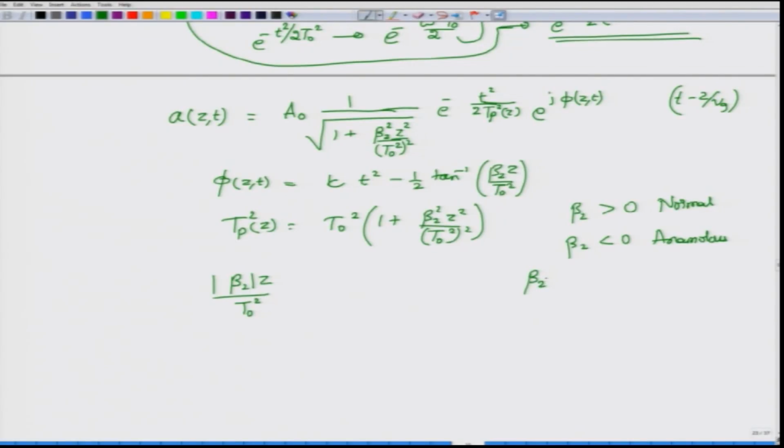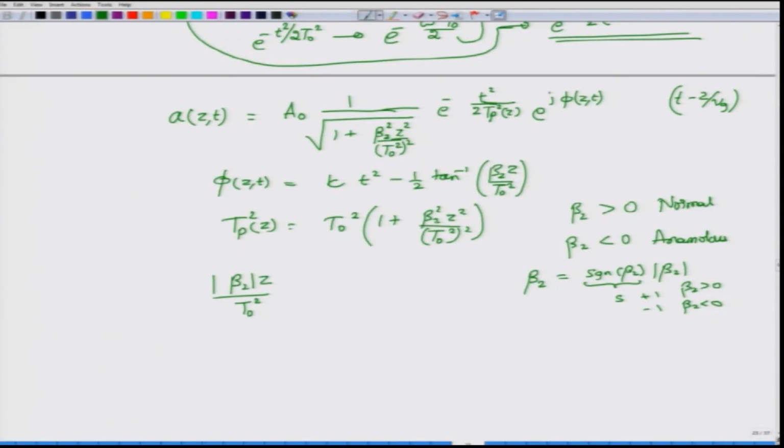But because the sign of beta 2 can be positive or negative, it is common in the fiber optic community to write this as sign of beta 2 multiplied by magnitude of beta 2. Instead of writing the sign of beta 2, I am going to simply use a variable s which denotes the sign of beta 2. s could be either plus 1 or minus 1: plus 1 when beta 2 is greater than 0, minus 1 when beta 2 is less than 0, to take into account anomalous dispersion.